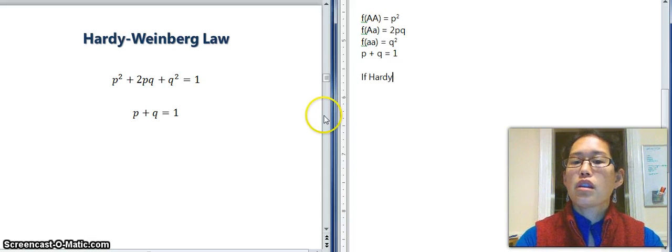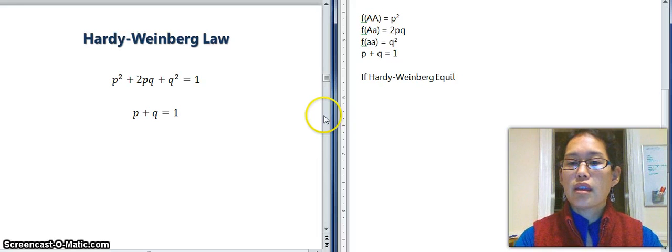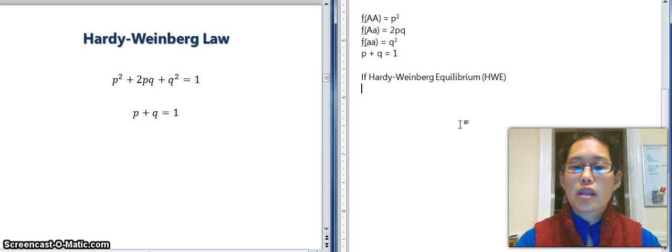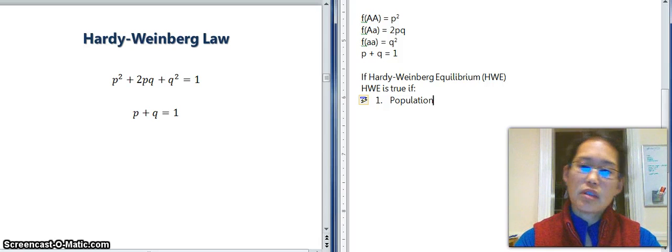Hardy-Weinberg equilibrium, which I'm going to abbreviate HWE, has a number of assumptions. Hardy-Weinberg equilibrium is true if, first, the population is large.